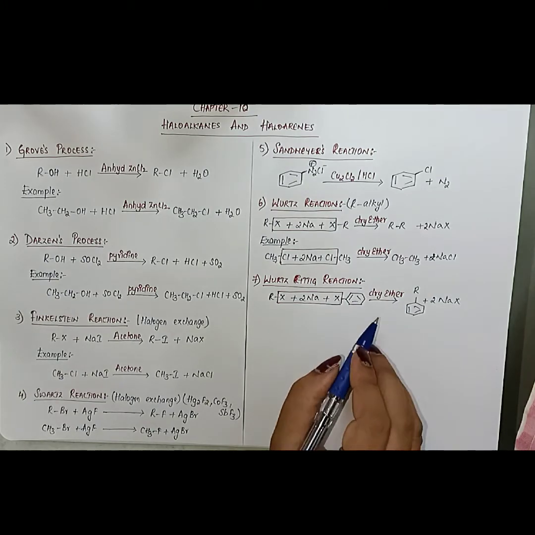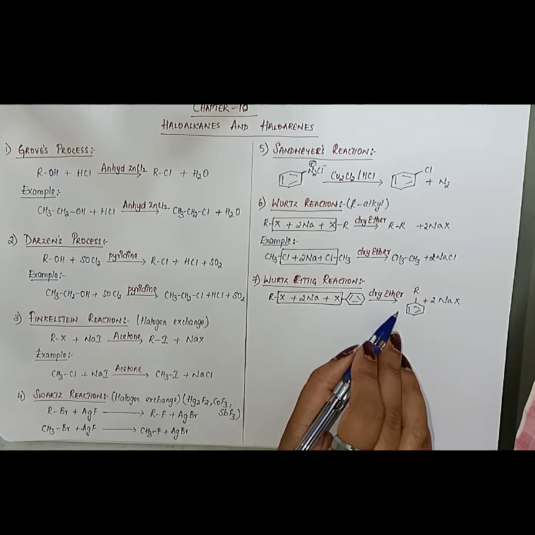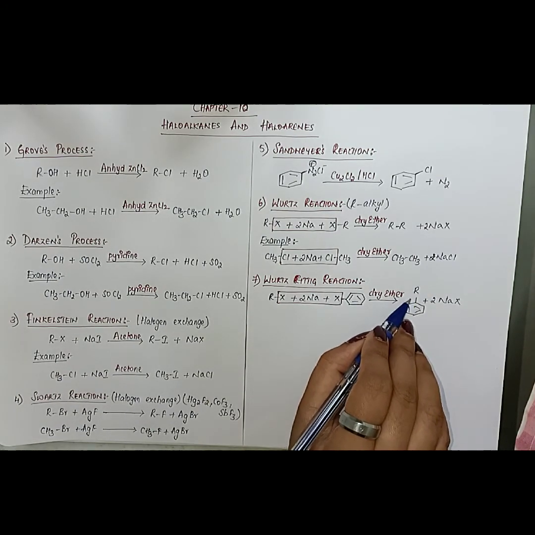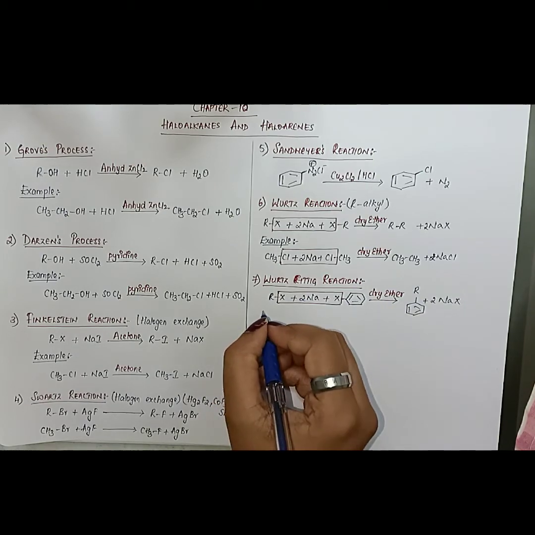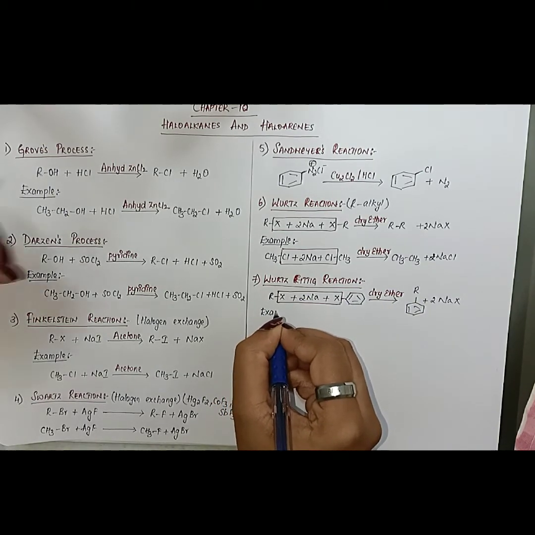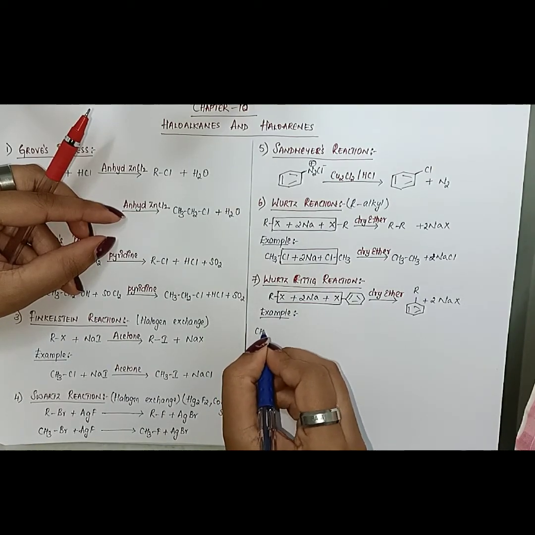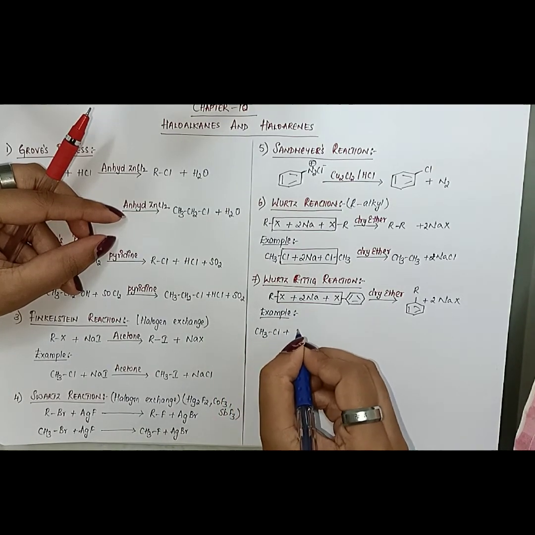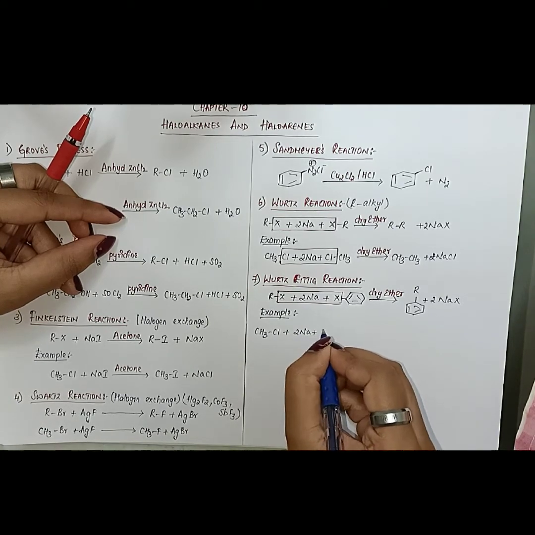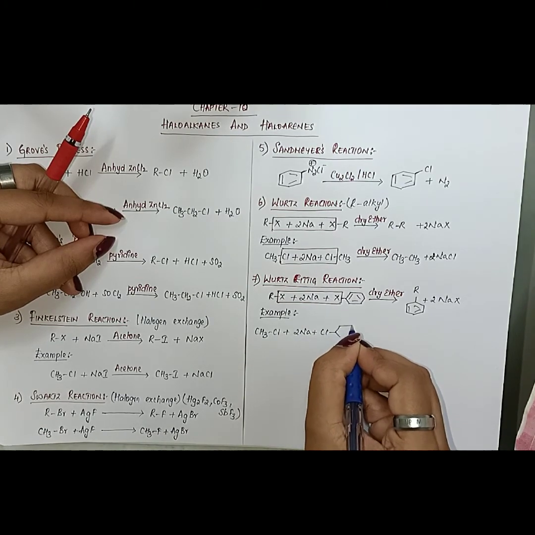So here I'm trying to form an aromatic system with an R group on top. So say for example, instead of R group, I'm taking CH3, same way, and then this benzene ring.